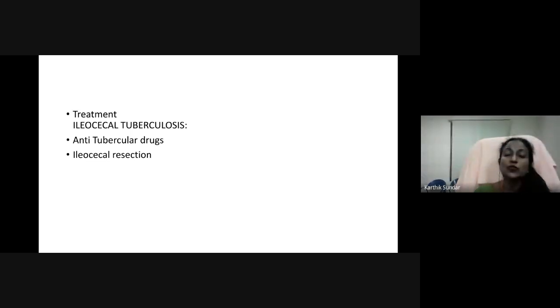So what's wrong with the nutrition of the patient? So who gets affected by tuberculosis and how do they get tuberculosis? HIV infected patients get affected by tuberculosis, ma'am. Even immunocompromised patients get easily affected by tuberculosis.